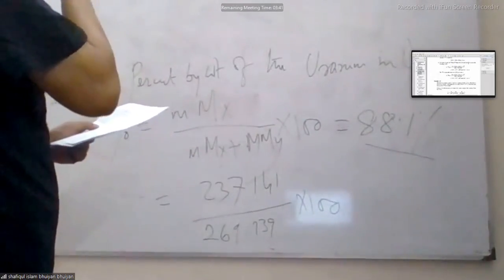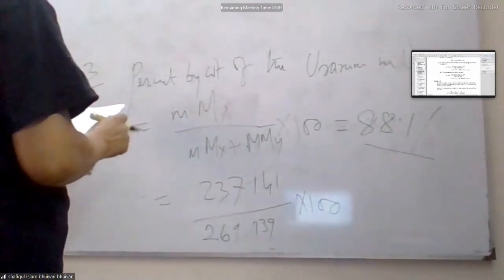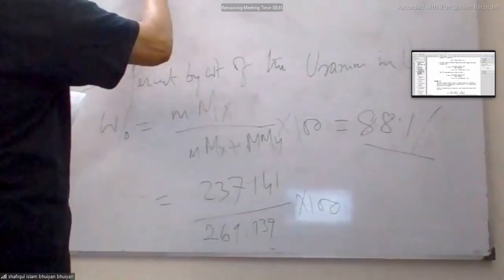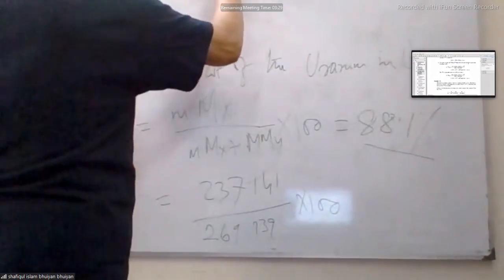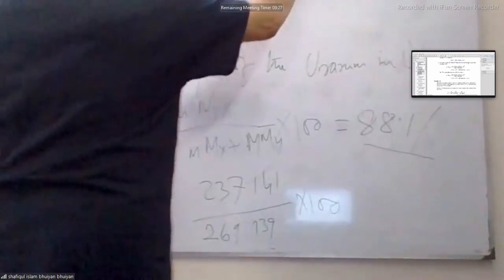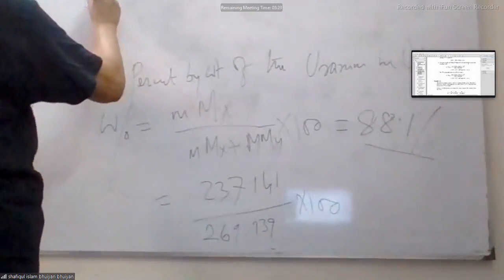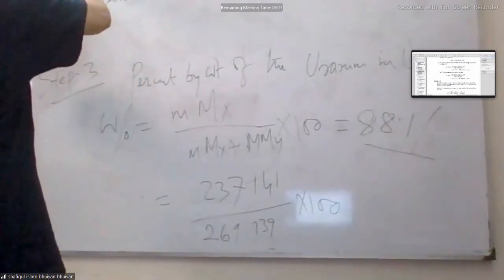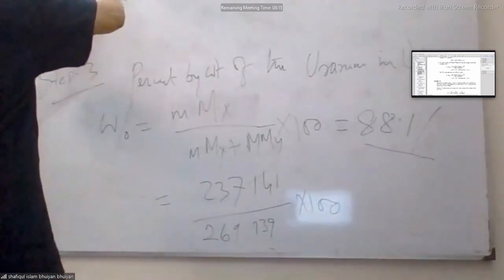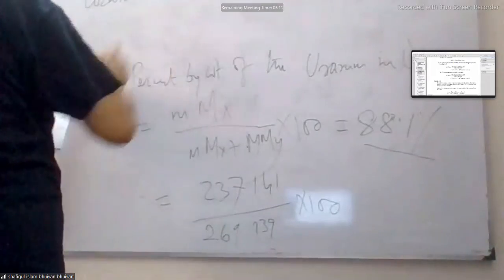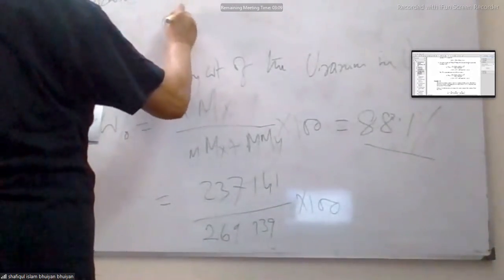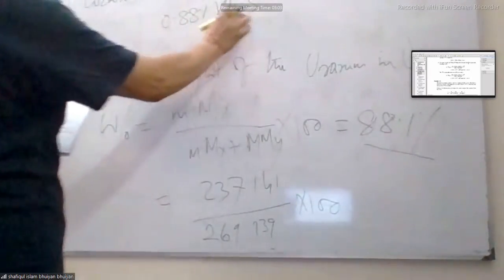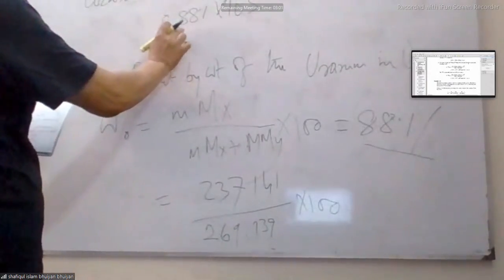Okay. So the average density of the uranium is, this is step 4, 0.881 into 10.5, the density of uranium, and 0.881 we calculated.